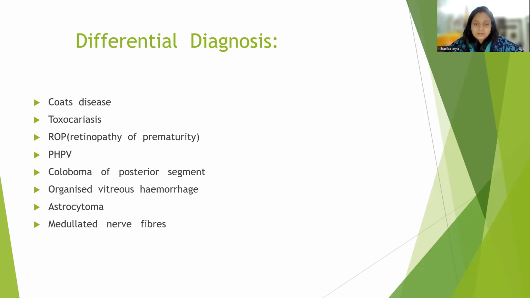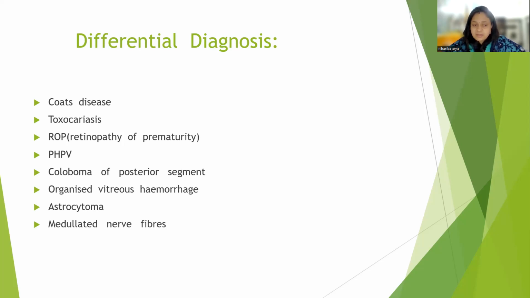Retinopathy of prematurity occurs in small babies with a weight of less than 1500 grams who needed oxygen supplement, 100% oxygen given at the time of birth. In that condition, retinopathy of prematurity occurs.